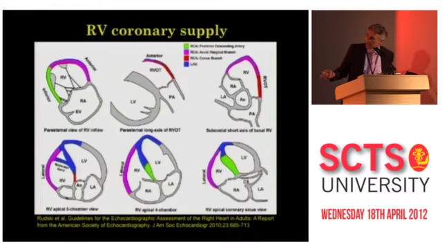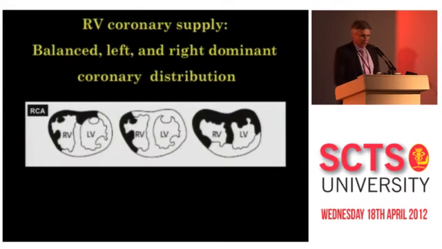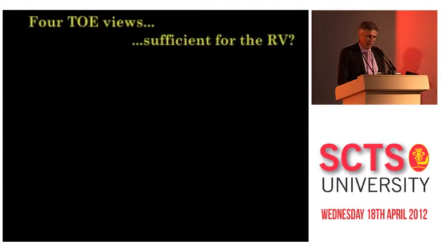And here in the left bottom, you see that the moderator band artery comes from the LAD. Here another aspect, of course, perfusion depends on the dominance of the coronary distribution, and that's another aspect of importance.